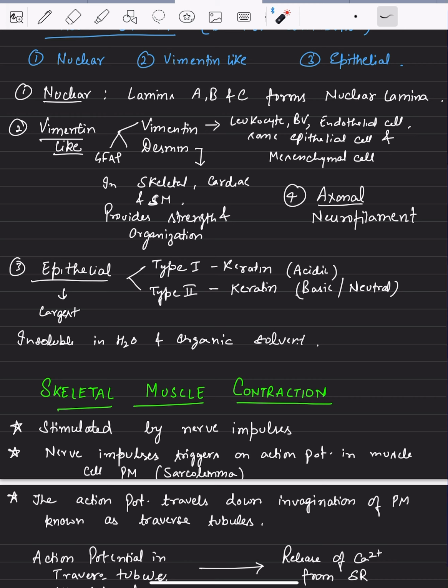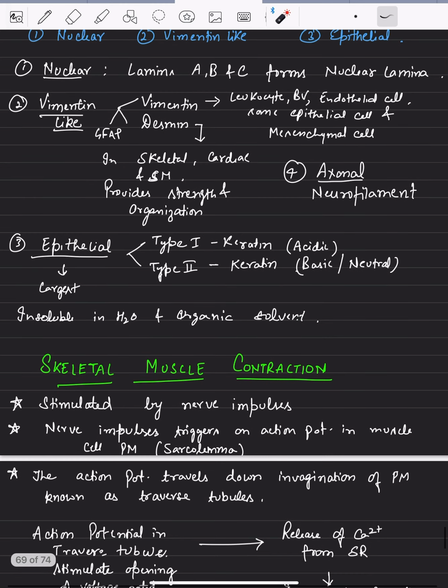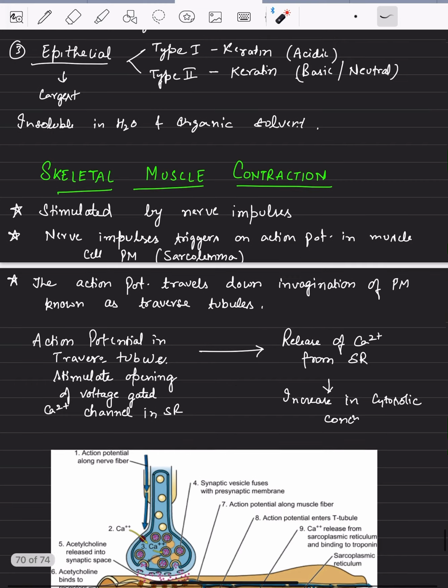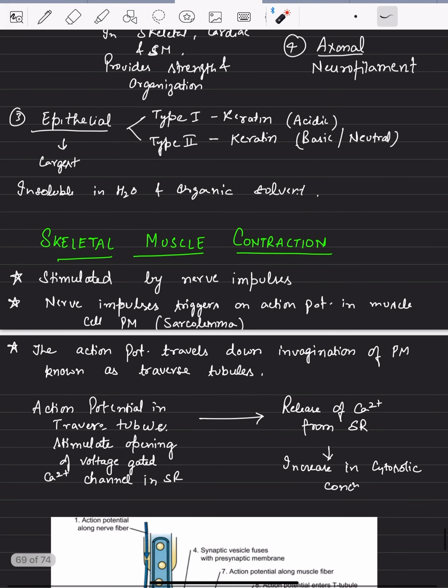So this is the point to remember. Full form of GFAP is glial fibrillary acidic protein. These are common in the glial cell. There is one more, axonal neurofilament.